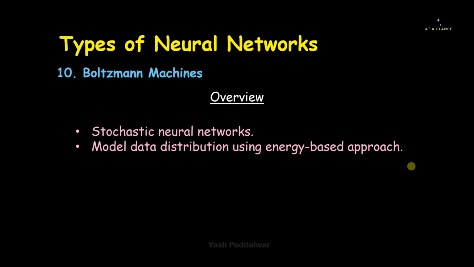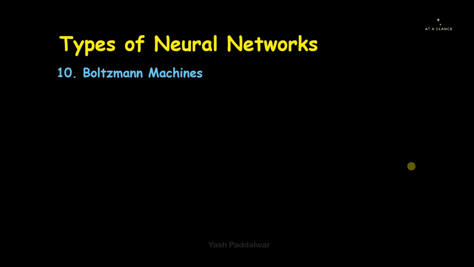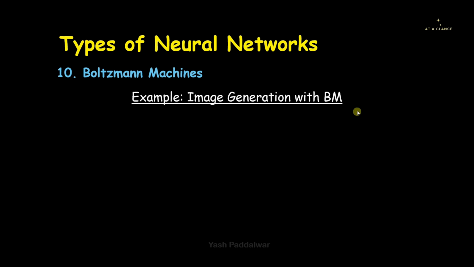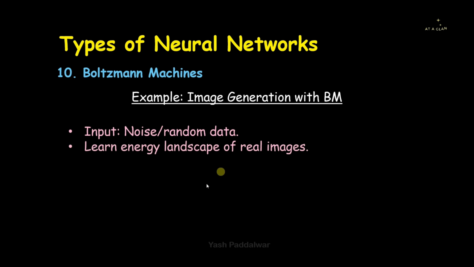Now let's move on to the example of Boltzmann machines. Let's take an example of image generation with Boltzmann machines. So here goes the flow. First is the input section where the random data is provided. This particular random data may contain noise.